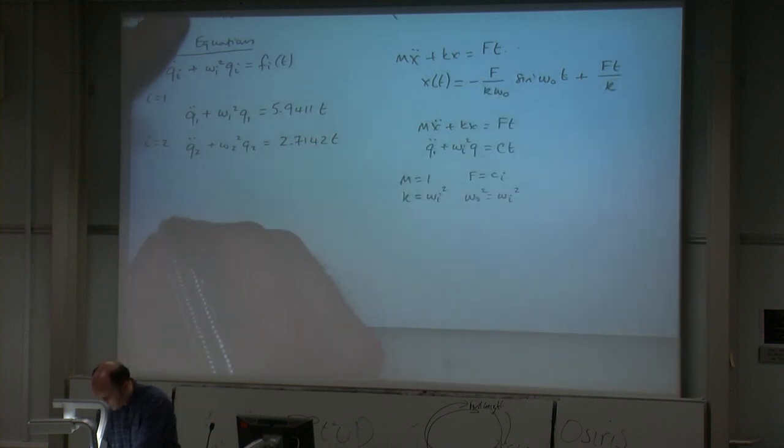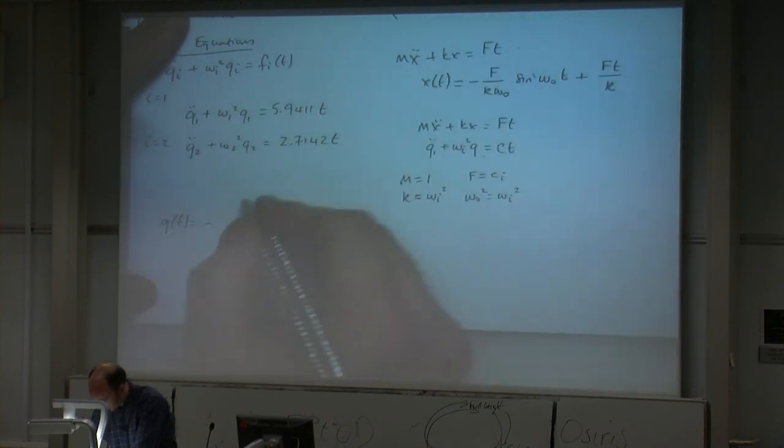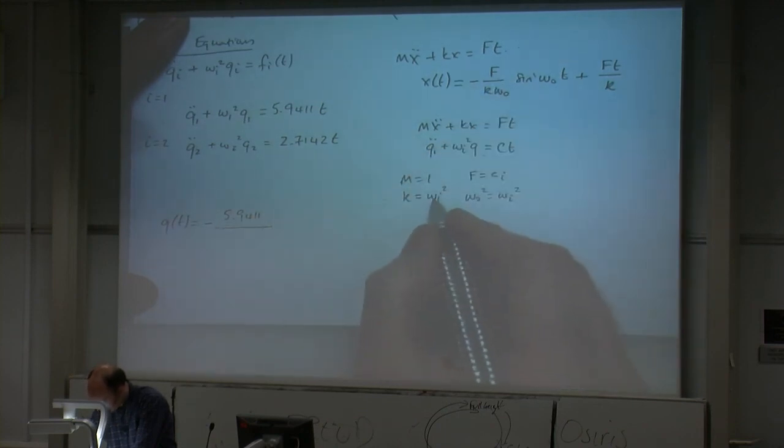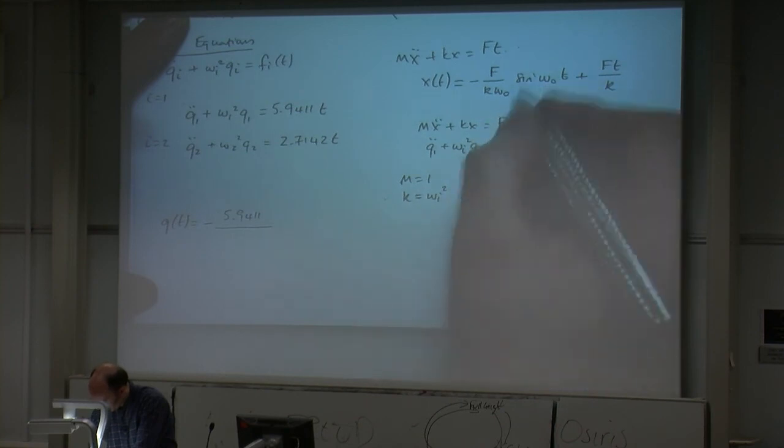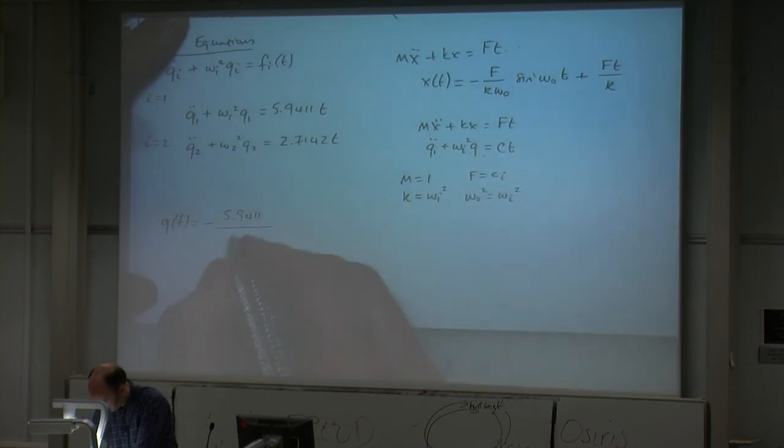And so we can plug these numbers into this equation. For q(t), we've got minus c1, which is 5.9411, divided by k, which is omega 1 squared, and omega naught, which is going to be omega 1. So we have omega 1 cubed.